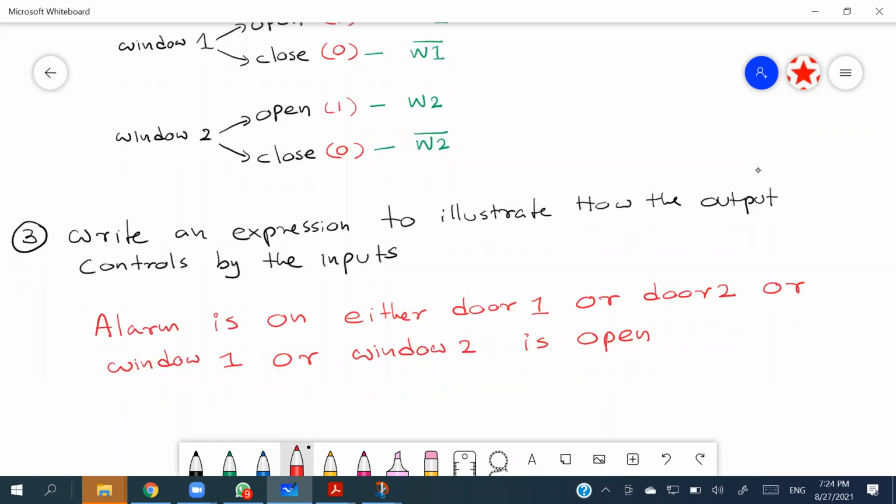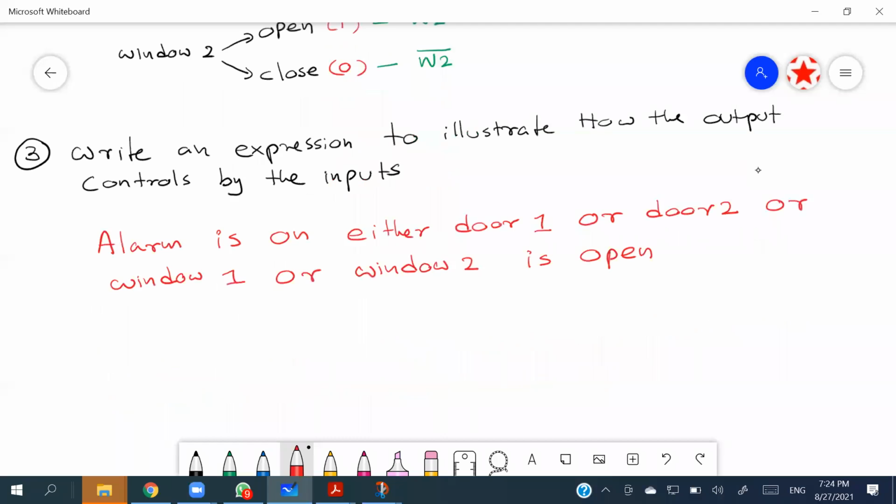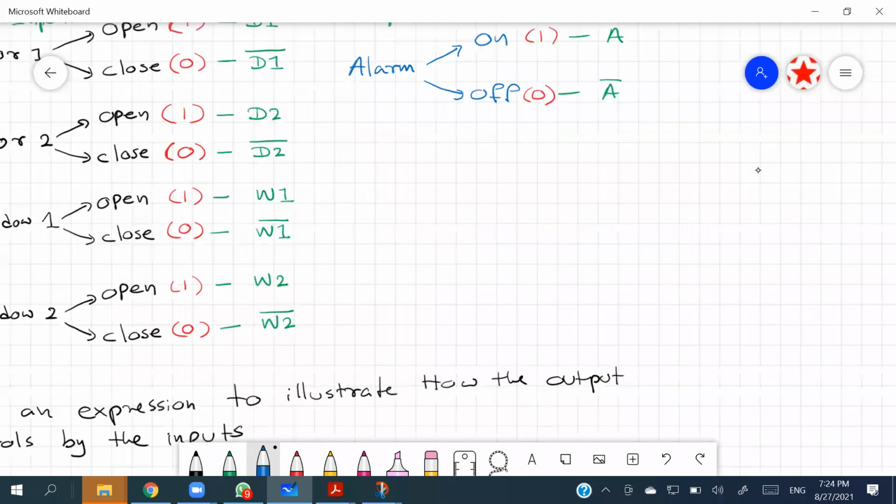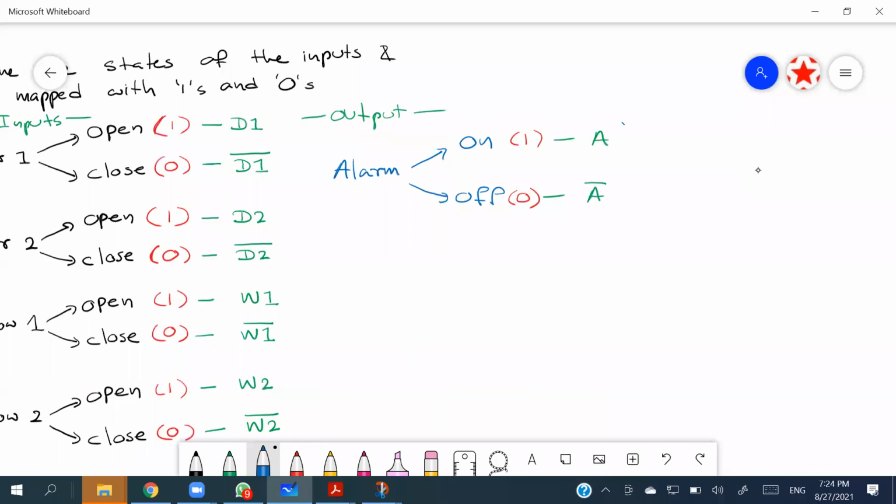Now what we are going to do is map the variables regarding these components to create the equation. So how are we going to create the equation? It says alarm is on. So what is the on state of the alarm? It is indicated by A. And it says when either door 1 or door 2 or window 1 or window 2 is open.